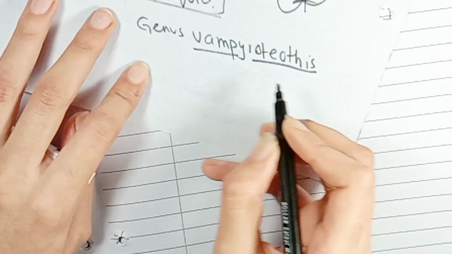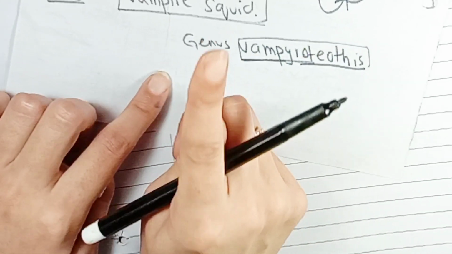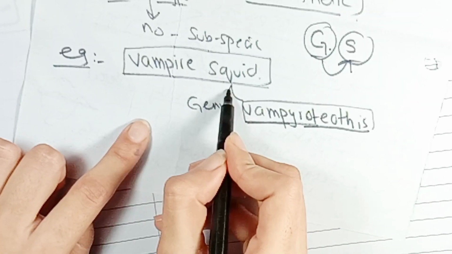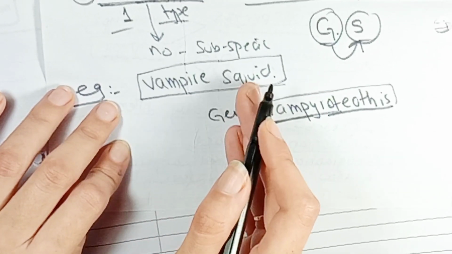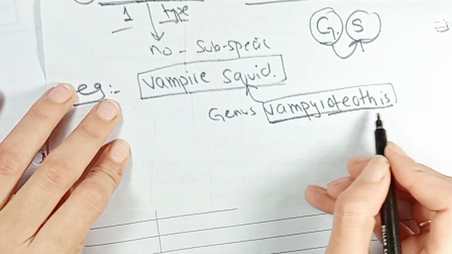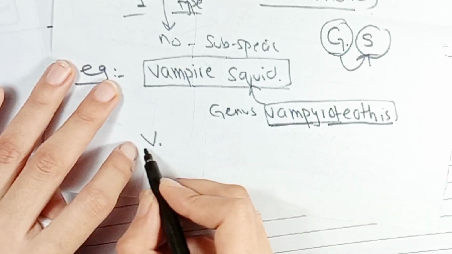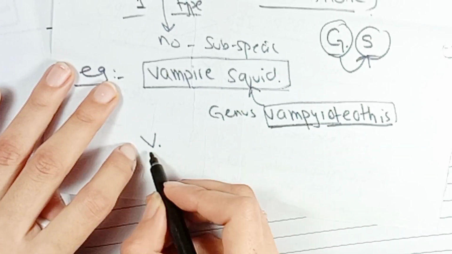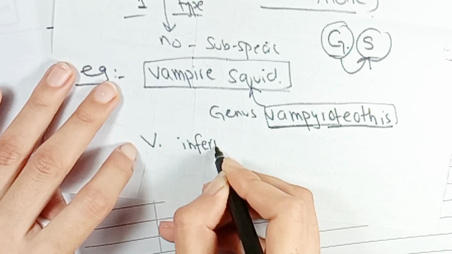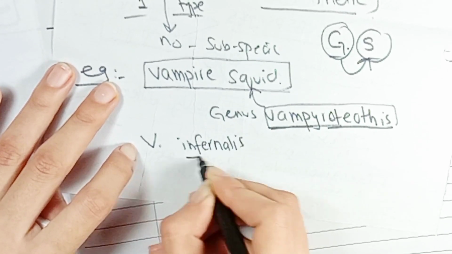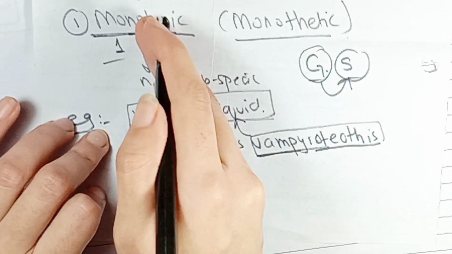This is the name of the genus, and it has only one species, the vampire squid, whose scientific name is Vampyroteuthis infernalis. Now I am writing V for Vampyroteuthis, infernalis. It is the scientific name of the vampire squid, which is a monotypic species.